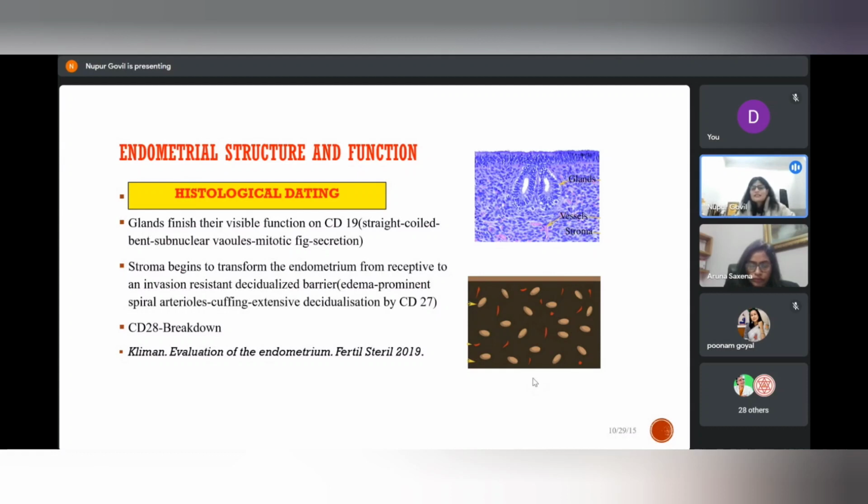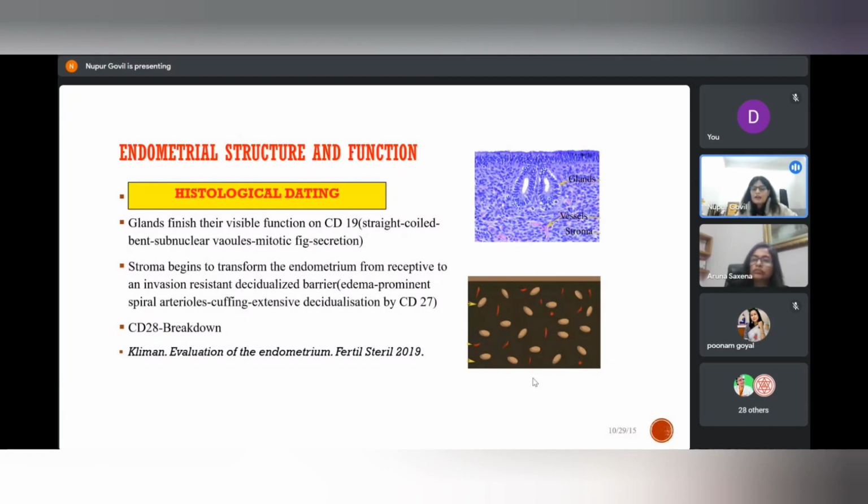So this is a chronology which actually formed the basis of endometrial receptivity. This was the starting point where the whole idea of endometrial receptivity started.